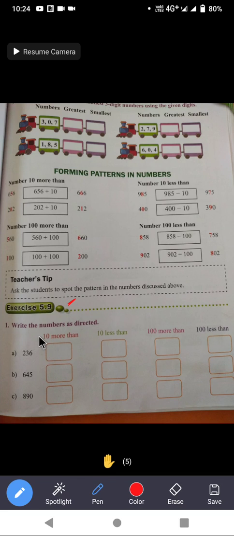Okay, so write the numbers as directed. In the first column we have to write the numbers which are 10 more than, and this one is 10 less than. So a number here in the first part is 236. So what is 10 more than 236?